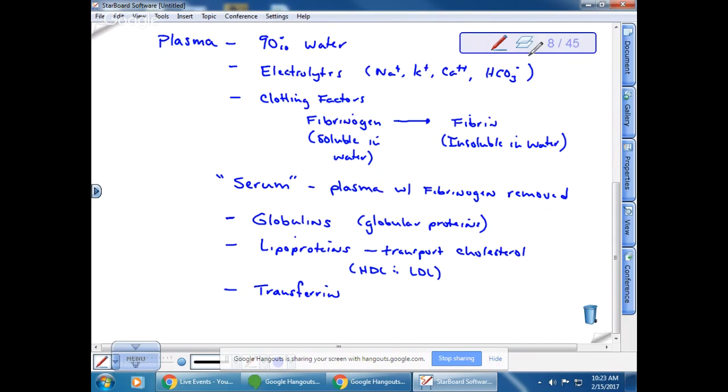We could think maybe it could be transported like calcium directly into solution as an ion, but iron cannot be transported directly because it's toxic to us. And so this binds iron. So it binds and transports iron in a way that is non-toxic.